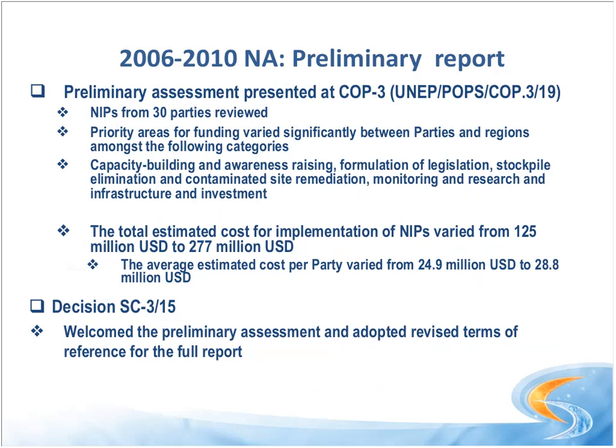And they're listed here on the presentation: capacity building, legislation, stockpile elimination, monitoring and research, etc. You also have data on the average estimated cost per party, which was around $25 million per party.